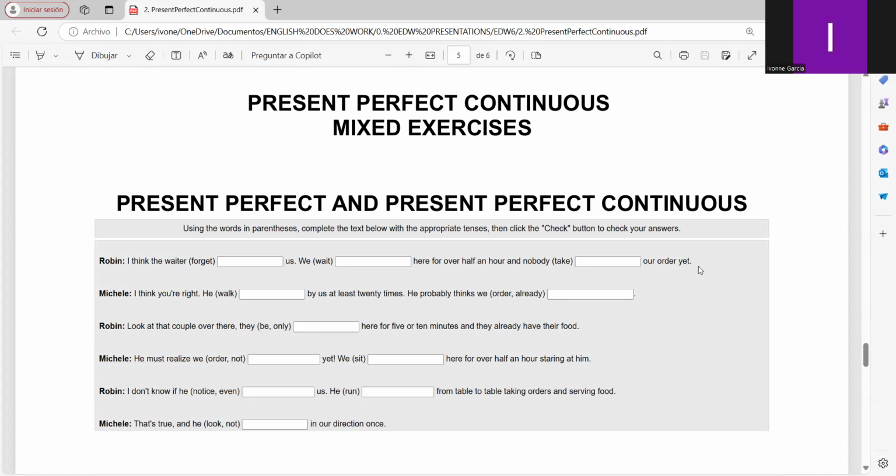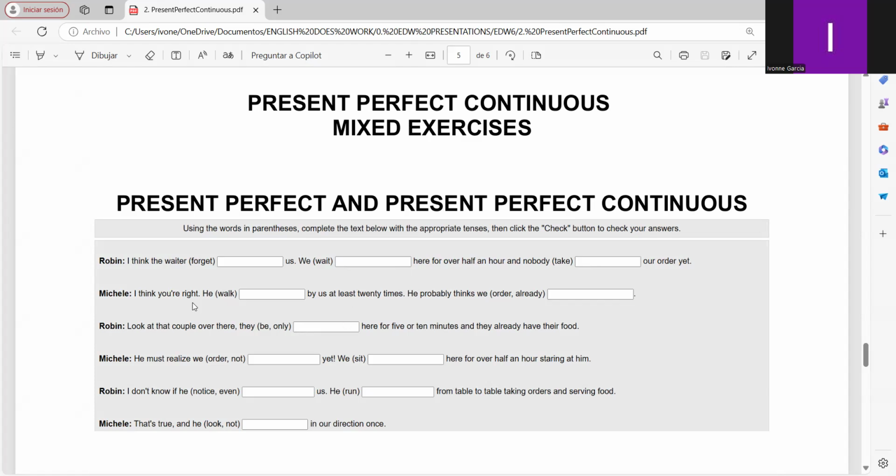Okay, here we need to change. Very good. So at the beginning, we need to use the present perfect continuous. I think you're right. He has been walking by us at least 20 times.